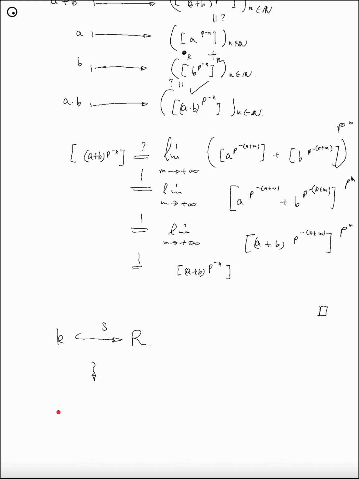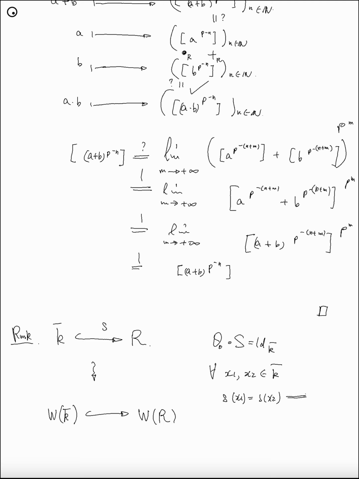In particular this induces an injective map from W of K bar into W of R. We have this injective map because theta 0 composed with S is the identity of K bar, and so for any x1, x2 in K bar, if S x1 equals S x2, then applying theta 0 gives you x1 equals x2.